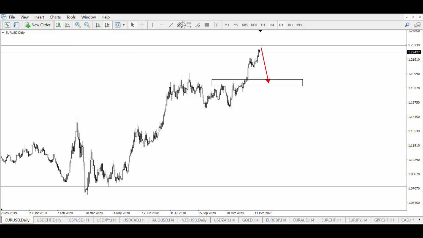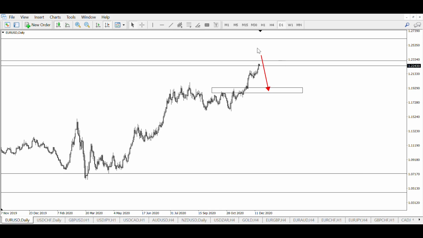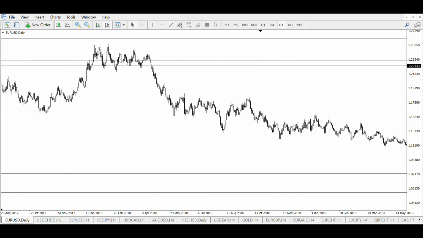So I'm expecting my drop down, and then after the drop down, I would like for price to do another bullish run up until the maximum point of the previous highs.